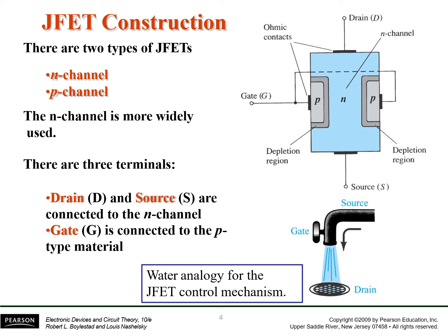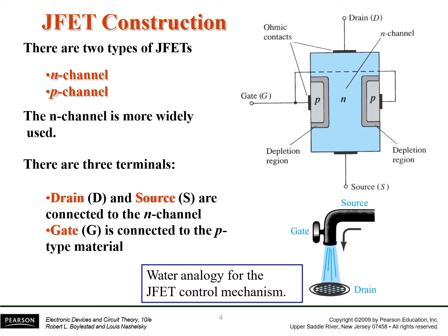So we have got three terminals in an FET, and what are those three terminals? The drain, the source, and the gate. And we have an analogy of a water valve when we see the operation of a JFET.